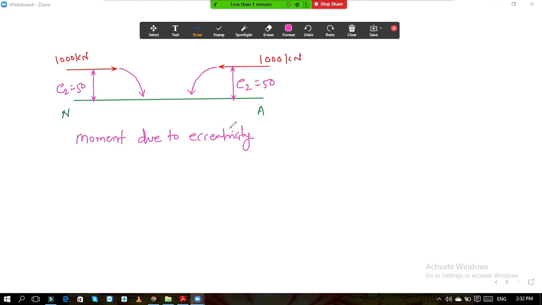Okay. Moment due to eccentricity, which is equal to how much? It is P E2 by Z. Now this will bend the neutral axis.